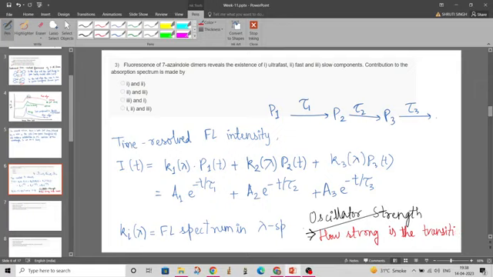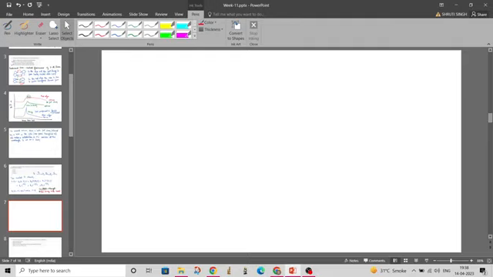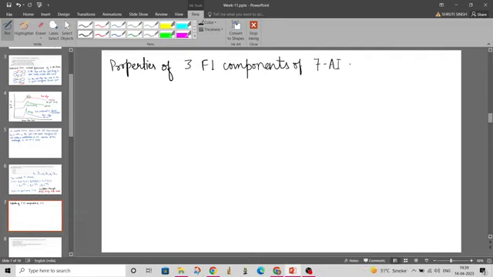Okay. So when these things were calculated for the 7-azaindole dimer, their properties came out to be... I'll make a table here.